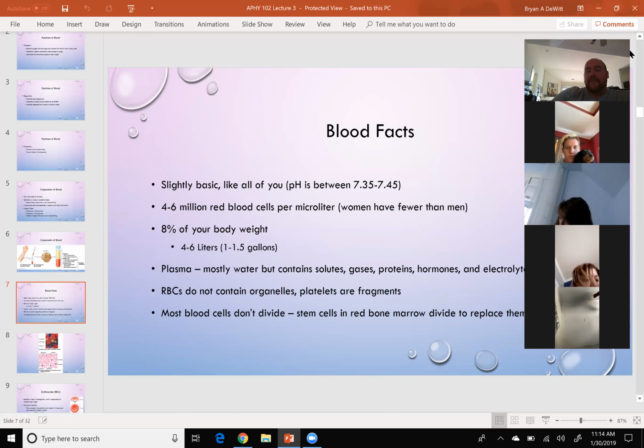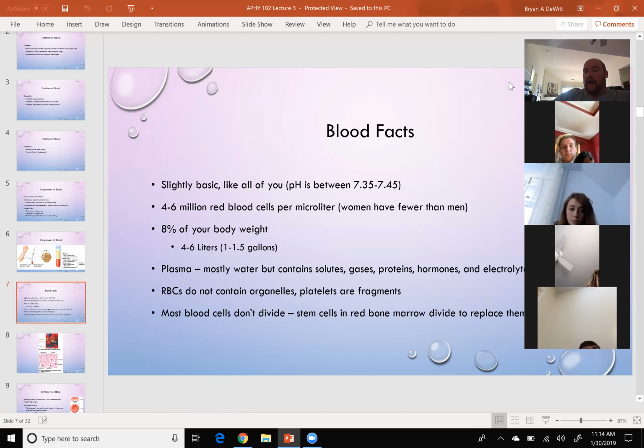Your red blood cells do not go through mitosis because there's no nucleus for them to divide. So I think that's really interesting. Red blood cells come from stem cells in your bone marrow that divide to replace them. In fact, the only cells in your blood that do divide are white blood cells. Those are the only cells that are actually cells.